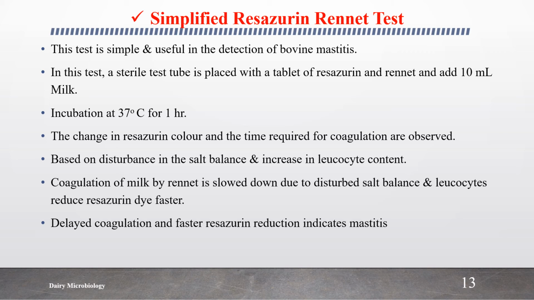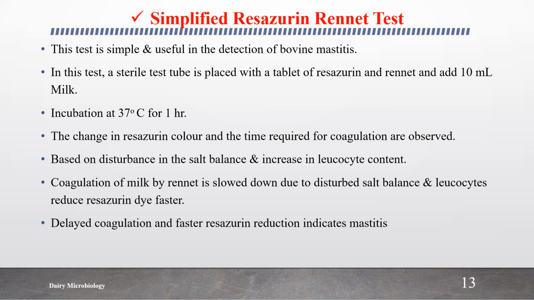Resazurin is a redox indicator which changes its color after reduction, while rennet is an enzyme which is responsible for the process of coagulation. Delayed coagulation and faster resazurin reduction indicates the presence of mastitis.